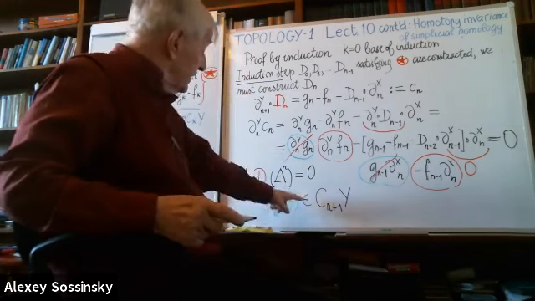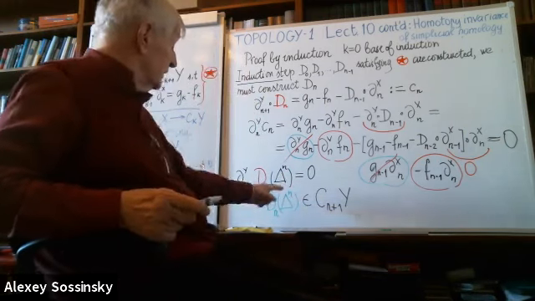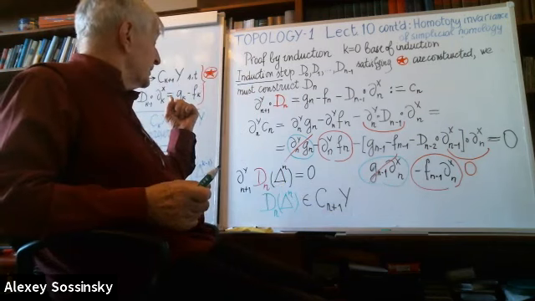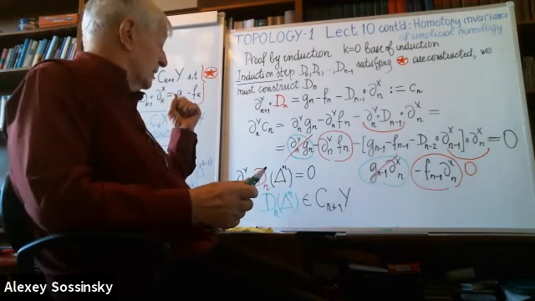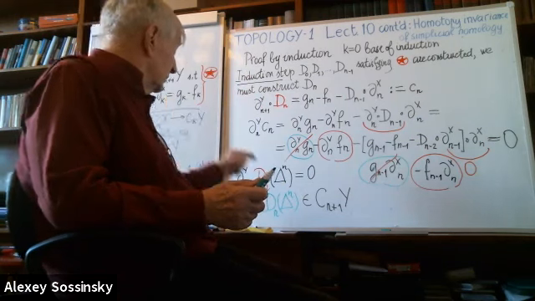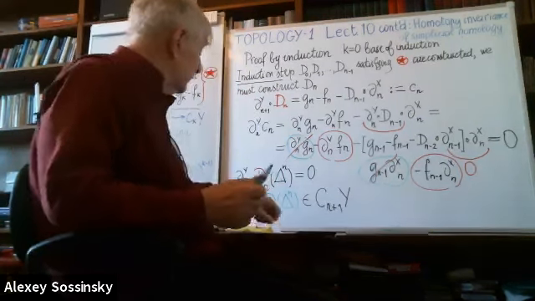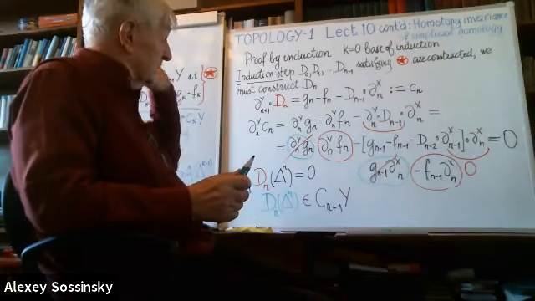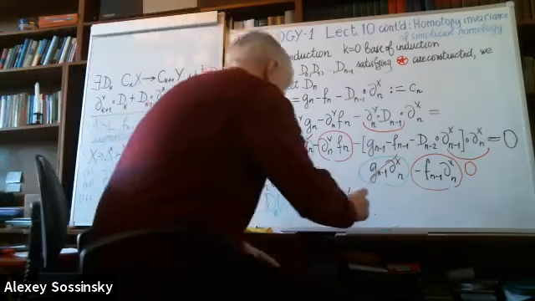So we have defined dn of delta n for a chain consisting of one simplex. We generalize that to any chain by linearity. And so we are done.